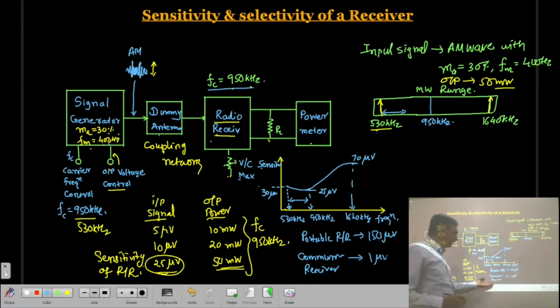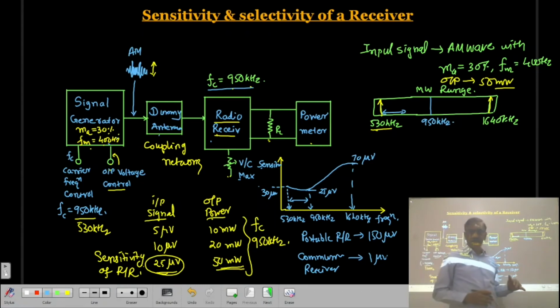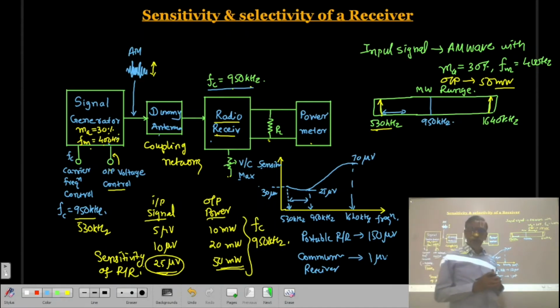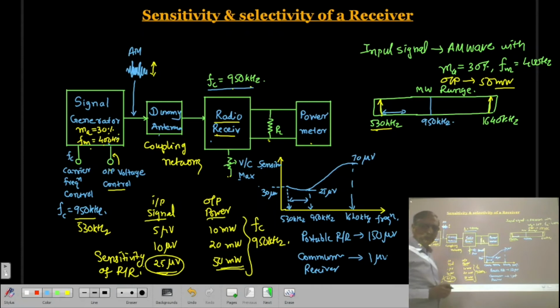In a communication receiver, the RF amplifier is there, so the sensitivity is good. If we have a 2-stage, 3-stage or 4-stage IF amplifier, then as the number of IF amplifier stages increases, the sensitivity will also improve. So the sensitivity of the radio depends on the gain of your RF amplifier and IF amplifier.